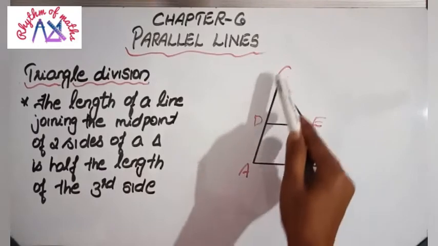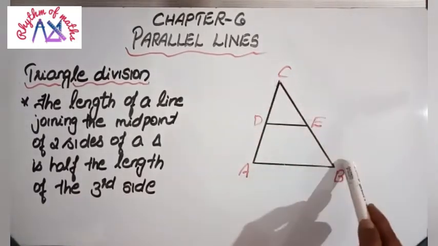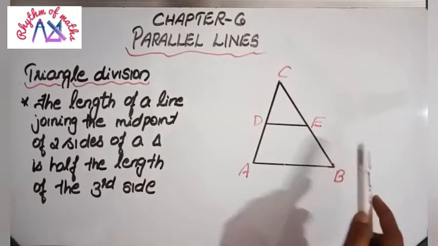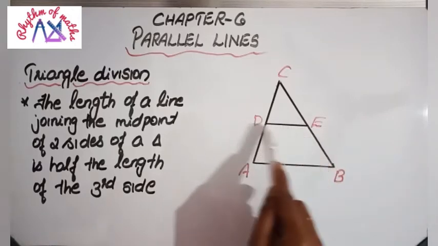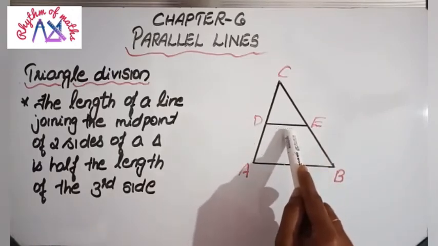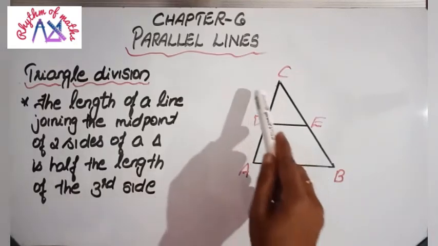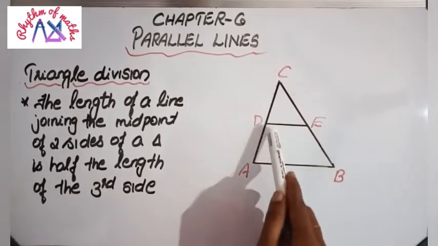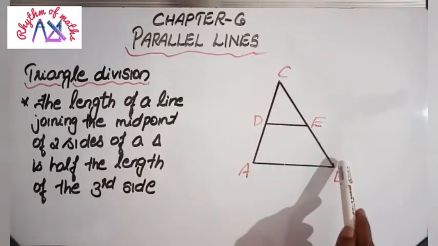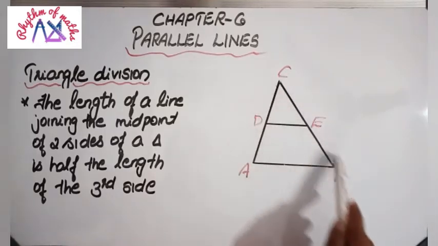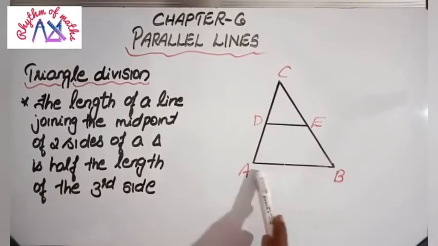D is the midpoint of AC and E is the midpoint of CB. If it is so, the line joining these two midpoints, that means the length of DE, will be half of the third side. Third side means other than these two sides. D and E are midpoints of AC and BC, so the third side will be AB.